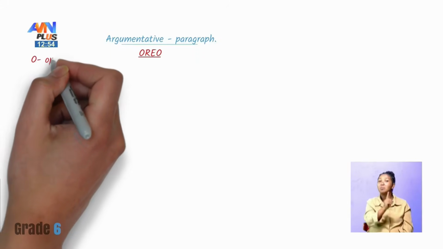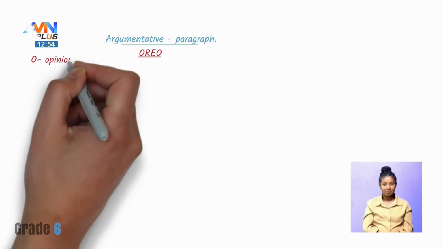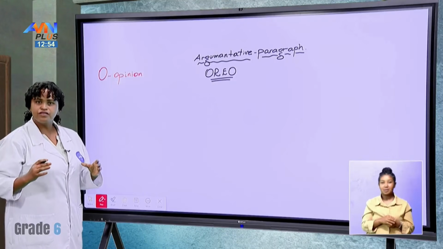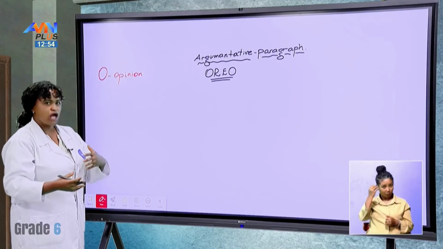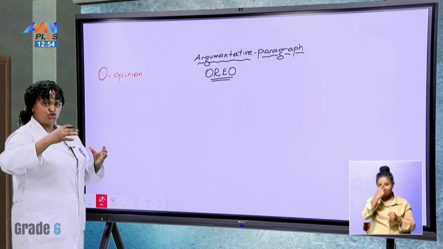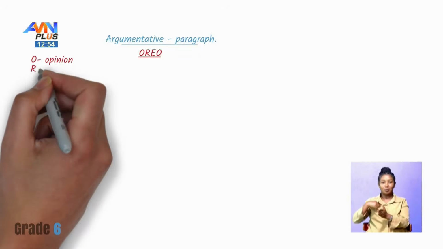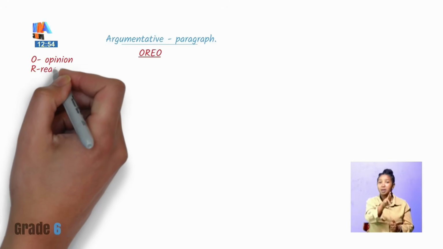O means opinion. You're going to give your own opinion. You're going to say, I think, I believe. We have seen how to give opinions. I strongly believe, it's true that, something like that. Then the next one, R, stands for reason.